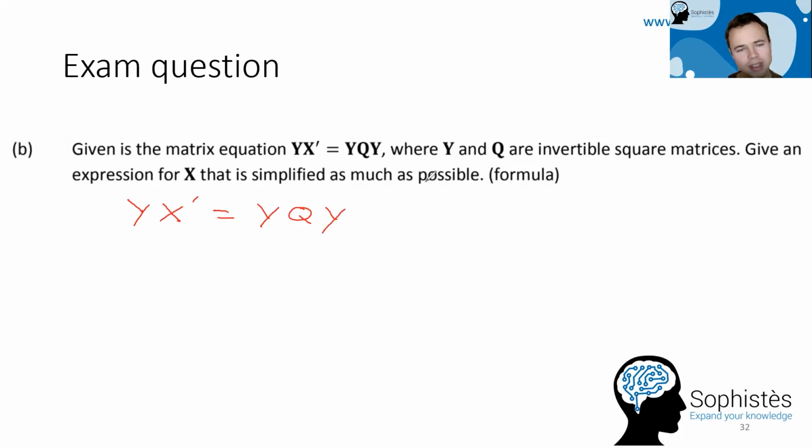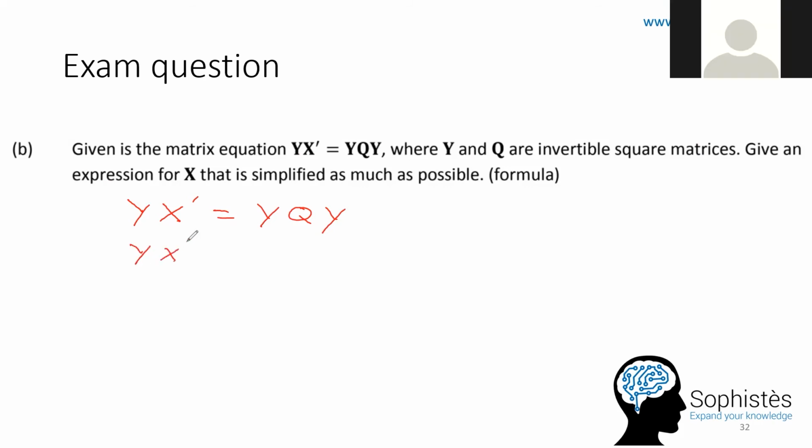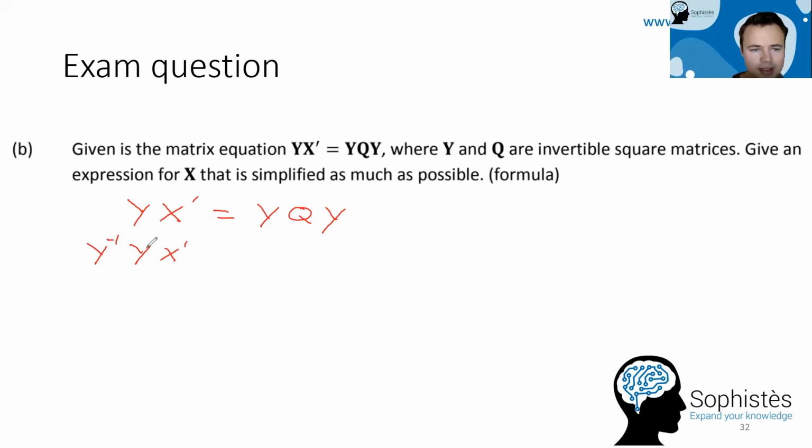My question to you, Monica, is how can I get rid of this y? You add the prime, right? I add the inverse matrix before it, right? Yeah. And what should I do then on the right side? Add it to on the left.